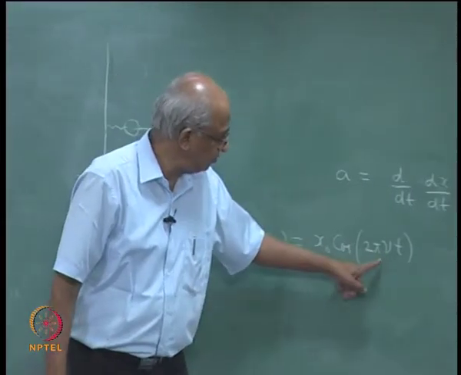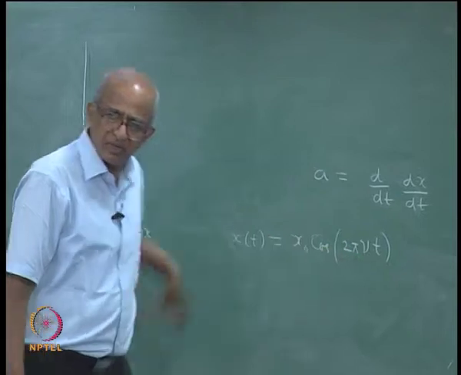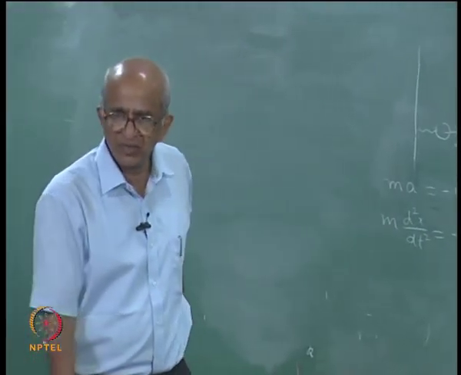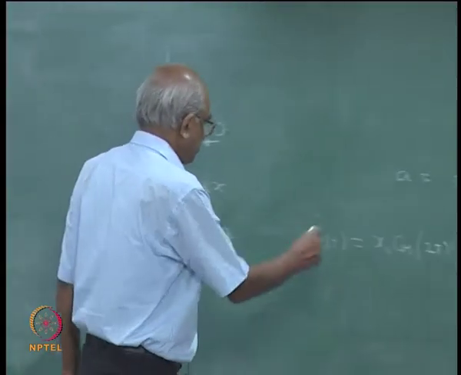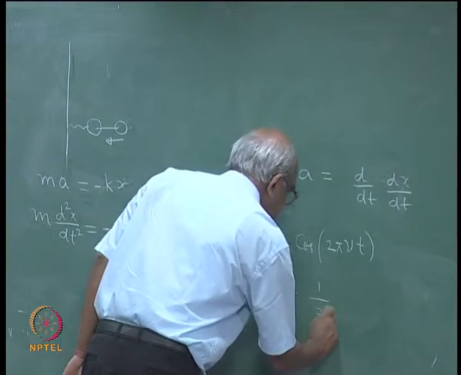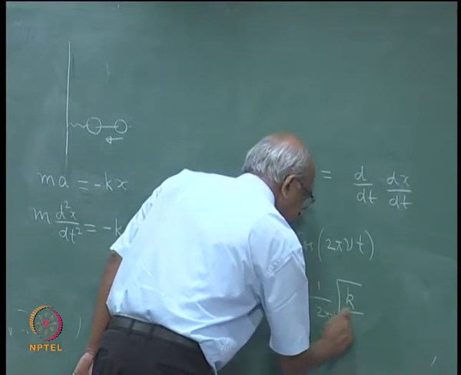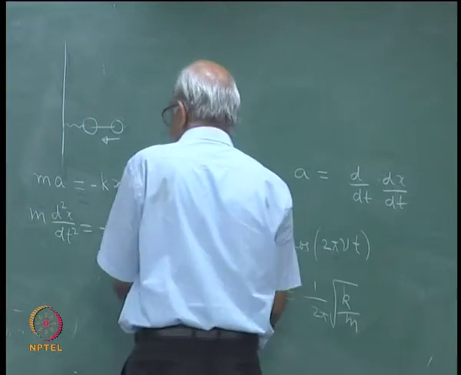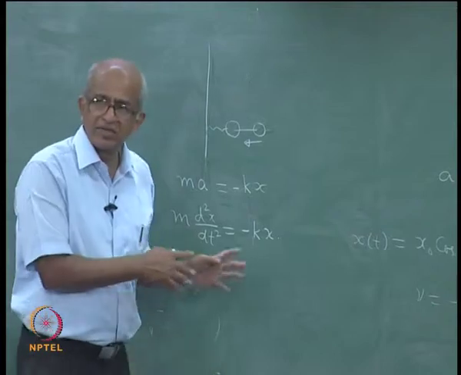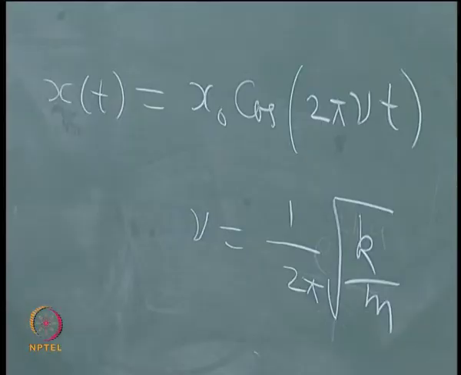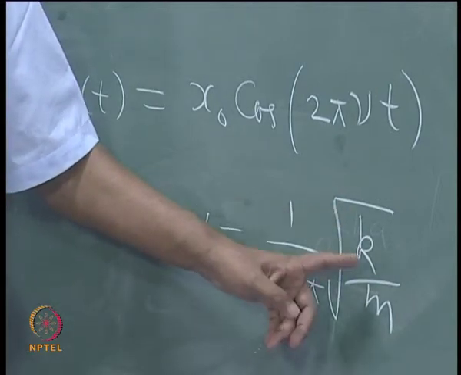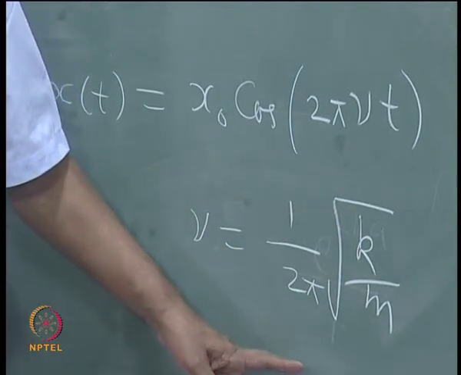And this nu, you can substitute into that differential equation and get an expression for nu. What you will find is that nu must be equal to 1 by 2 pi into square root of k by m. Very easy to do, that is why I am not doing it. You can take this solution, substitute into the differential equation, and you will see that it is satisfied provided I take nu equal to 1 by 2 pi into square root of k by m.